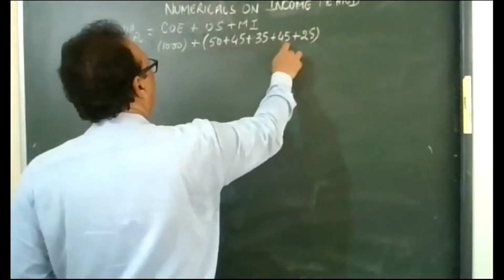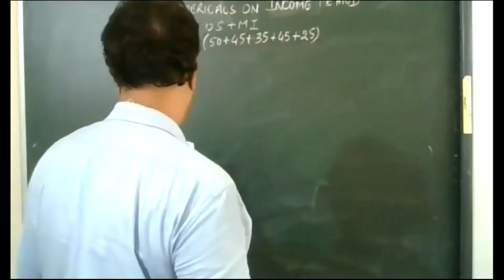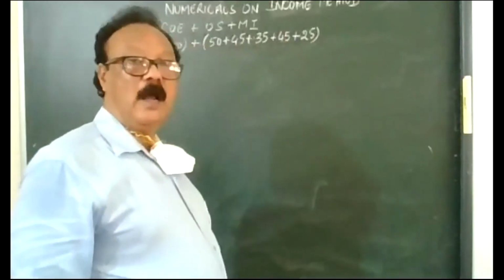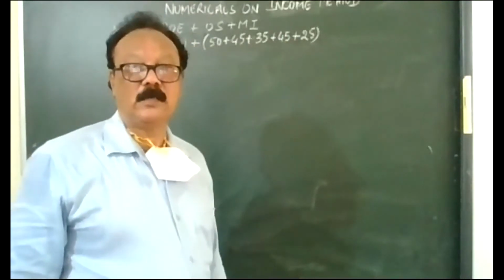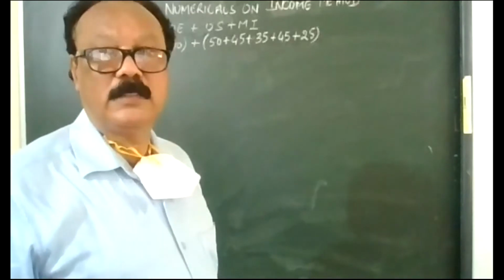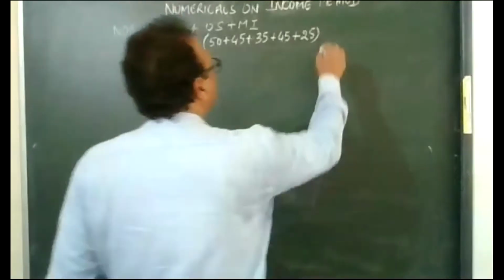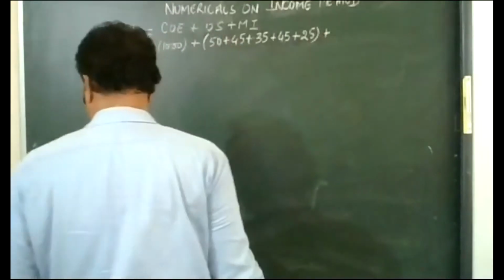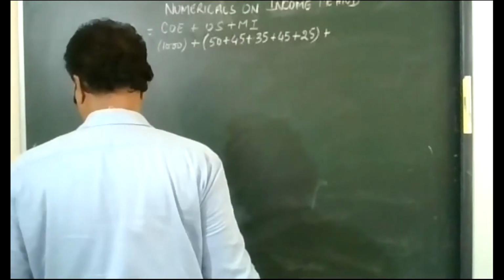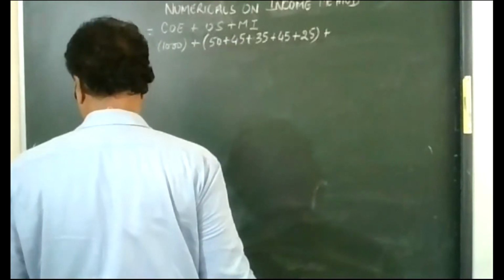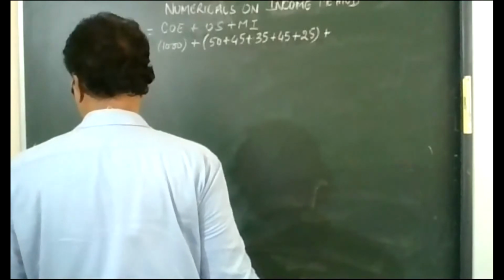These 5 items will be taken under the heading OS, operating surplus. Plus mixed income is given. How much is it? 200.